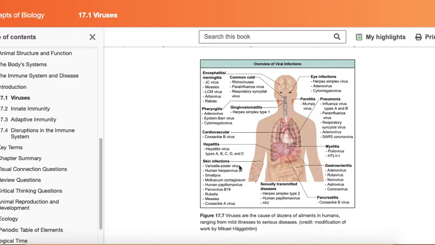In that weakened form, it is injected into a body for the body to see what this virus looks like, to defeat it really rapidly, and then develop long-term memory on how to defeat that virus should it come up in the future.